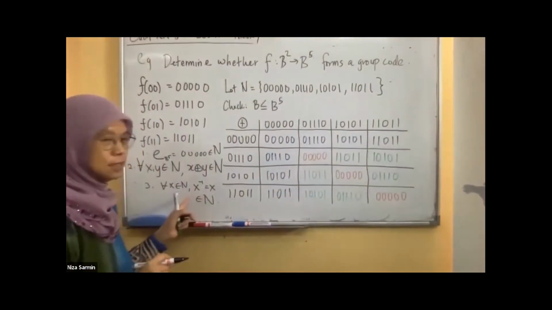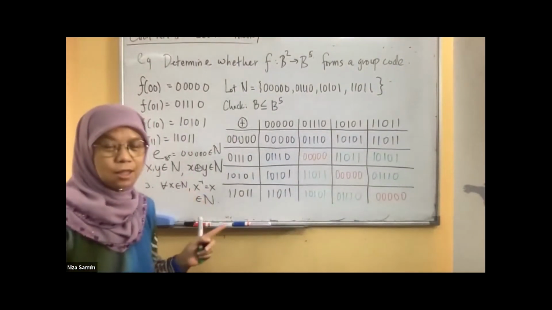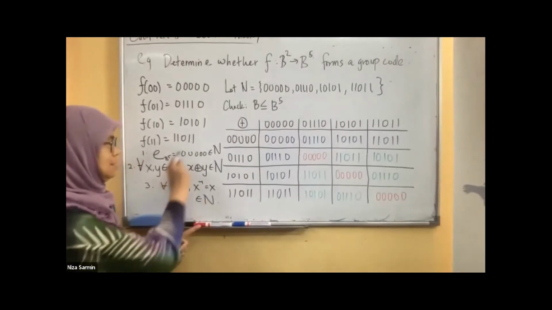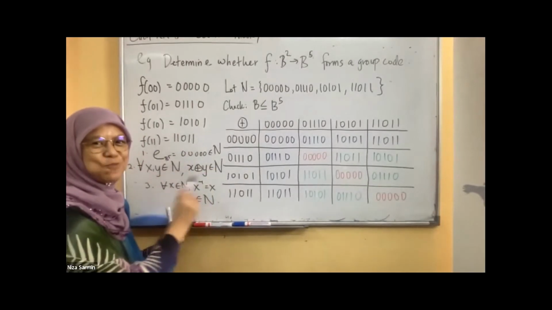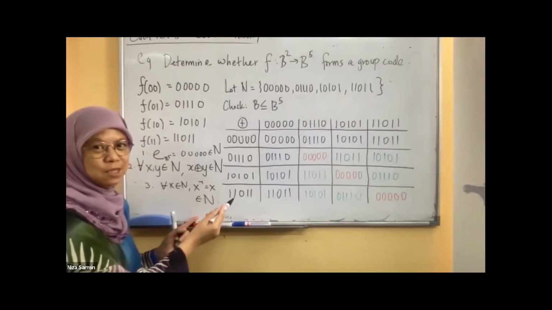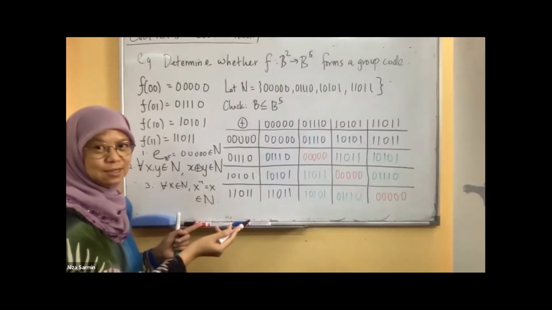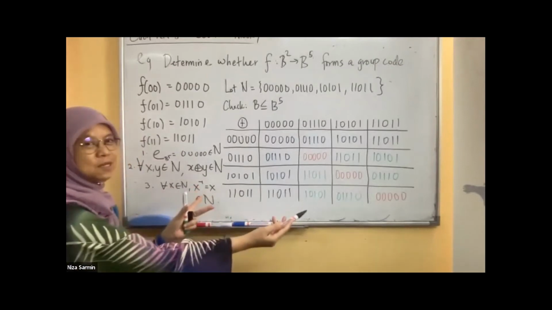So if it is a group code, you will write it like this. It's a copy paste, right? This is just from the given definition, because this is very general.